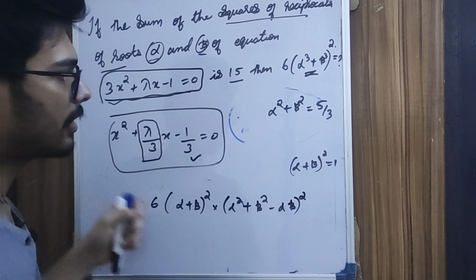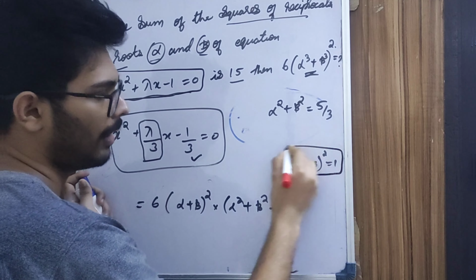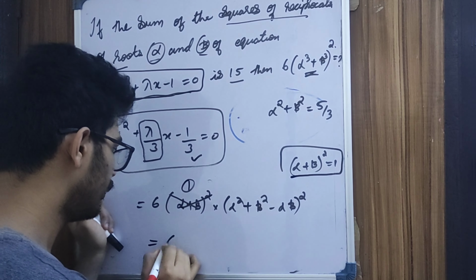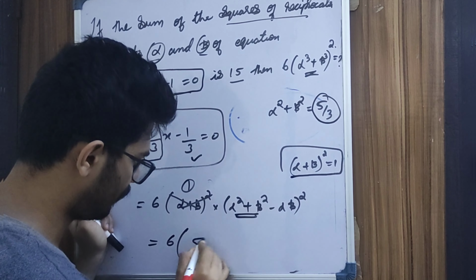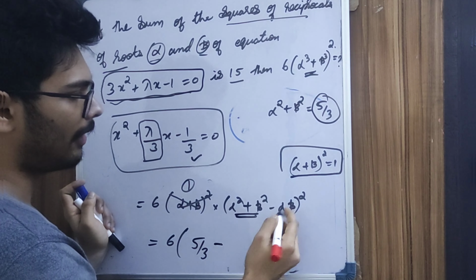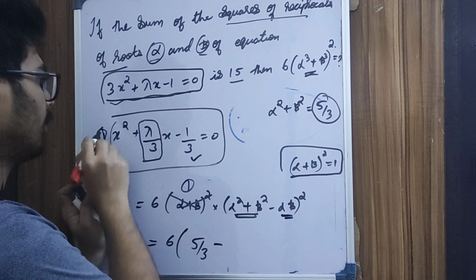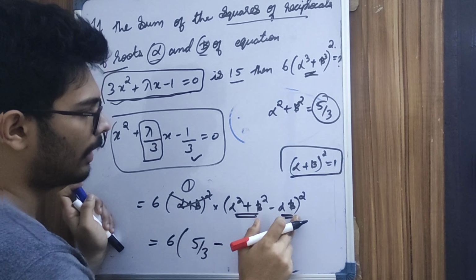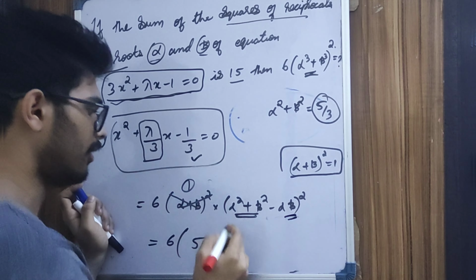Now I am substituting whatever values we have. Alpha plus beta the whole square will be equal to 1. So this quantity will be equal to 1. And now 6 into alpha square plus beta square, we have found it as 5 by 3, minus alpha beta. What is the value of alpha beta? While we are keeping the coefficient of x square as 1, the product of roots will be equal to the constant term, which is minus 1 by 3.